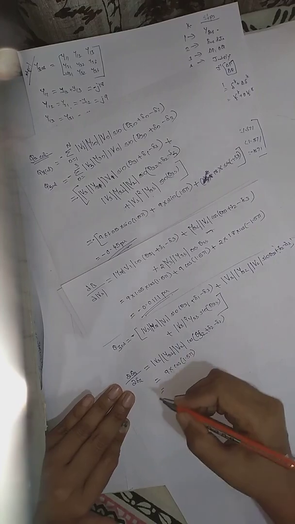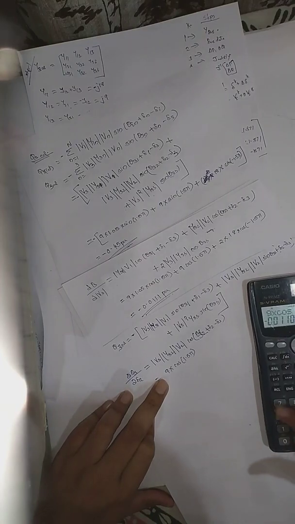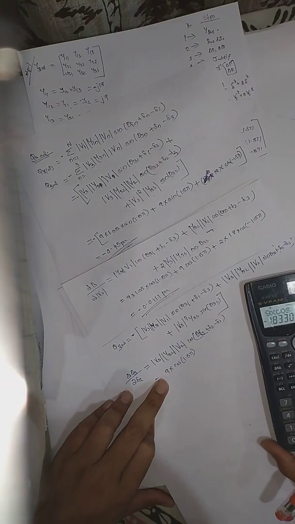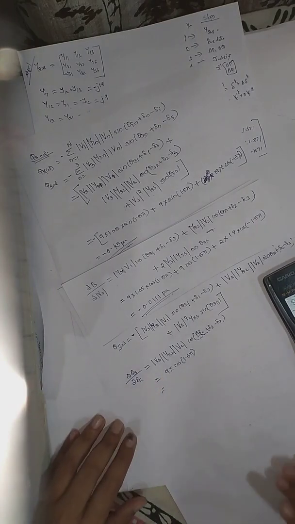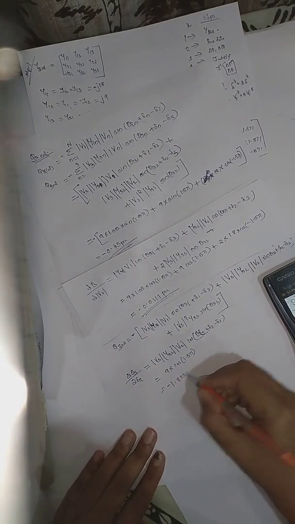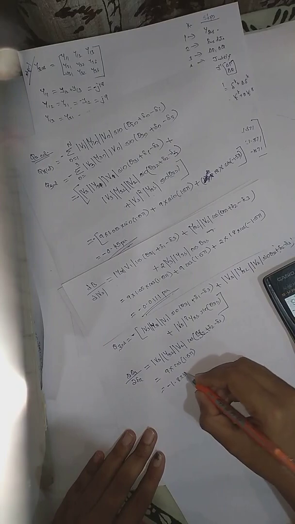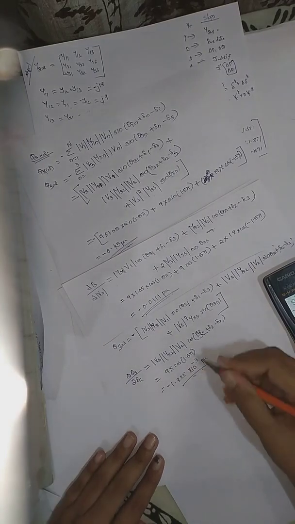So this will be the value of ∂Q2/∂V3, that is 9 into cos 1.571. That value will be minus 1.833 into 10 raised to minus 3 per unit, that is ∂Q2.